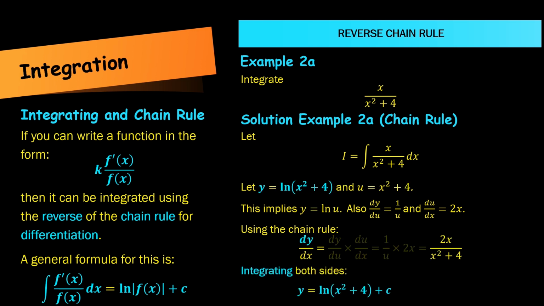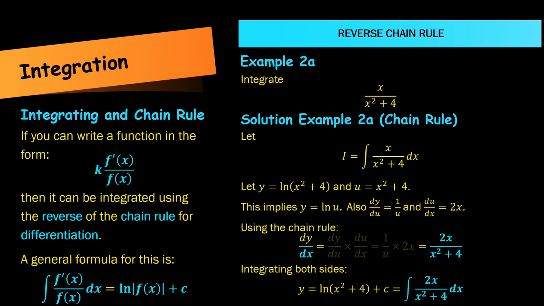If we integrate both sides, we obtain y, because of course the integral with respect to dy is just y, and we also know that in our example y equals ln of x squared plus 4, but since we're integrating, we add the constant of integration. And of course on the right hand side we have the integral of 2x over x squared plus 4 dx.